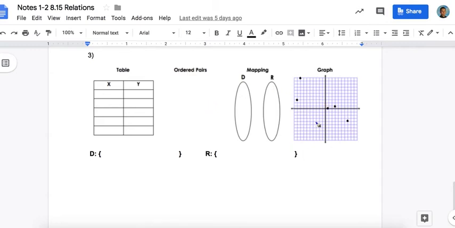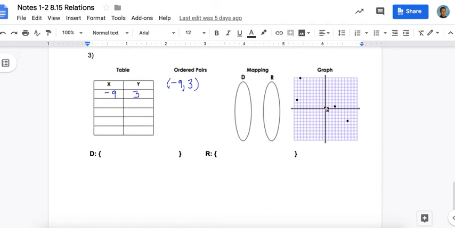Okay, so now we're going to find this ordered pair right here. We're going to start at the origin and go 1, 2, 3, 4, 5, 6, 7, 8, 9, -9, and up 1, 2, 3. So this is the ordered pair -9, 3. And we can go ahead and fill that into the table, -9, 3.